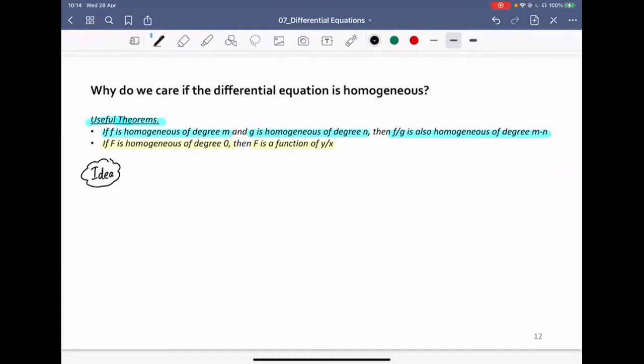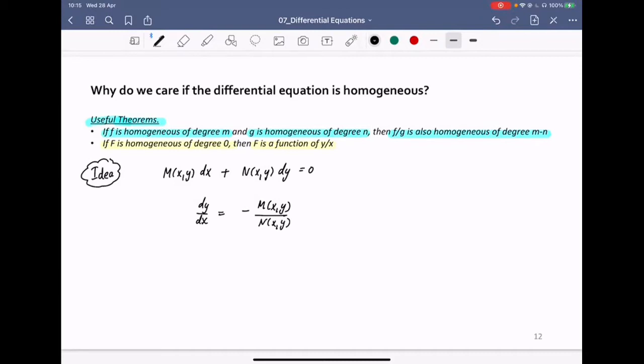All right, I'm going to just sketch the proof for you. So suppose that you have M(x,y) dx plus N(x,y) dy equal to 0 here. Well, you can simplify it to dy by dx equal to negative M(x,y) over N(x,y). You just move dy dx to the left-hand side and move everything else to the right-hand side.